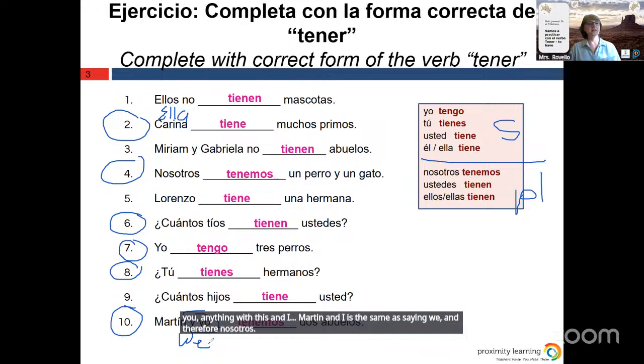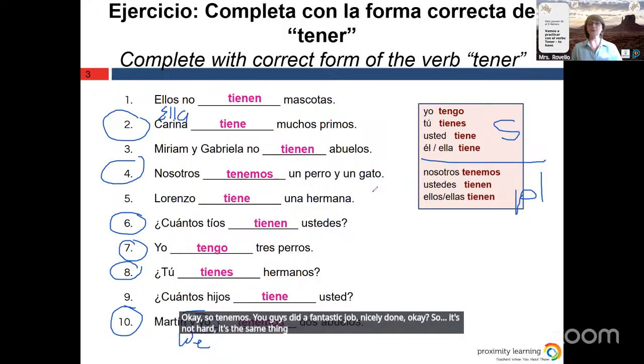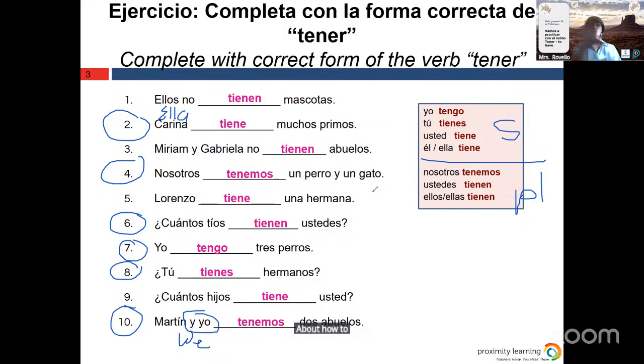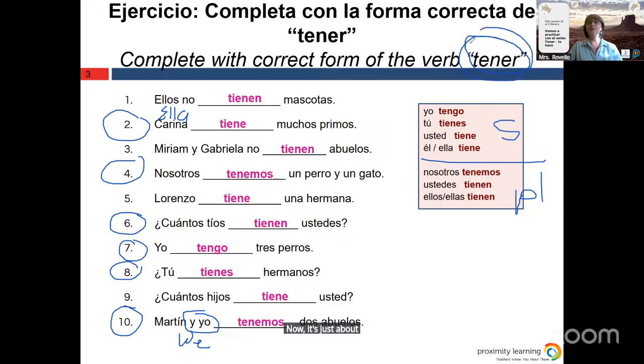Okay, so tenemos. You guys did a fantastic job. Nicely done. Okay, so it's not hard. It's the same thing we've always been doing. We learned that skill about how to pick out what form and how to make a match and use them and all of that goodness, right? Now it's just about figuring out how some of these things work.